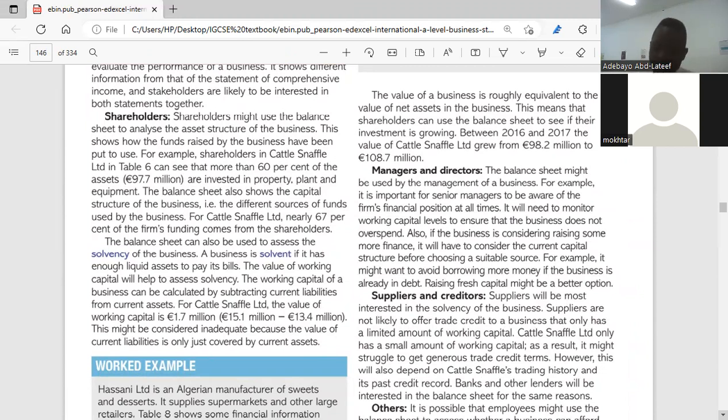They want to analyze the assets they have. They want to understand how solvent the business is. Does the business have liquid assets, or does it have more liabilities than assets? That is why shareholders would want to know more about the statement of financial position.